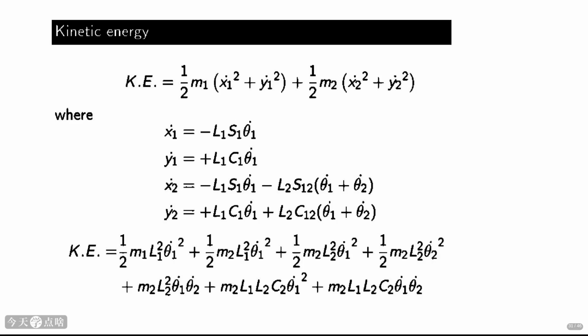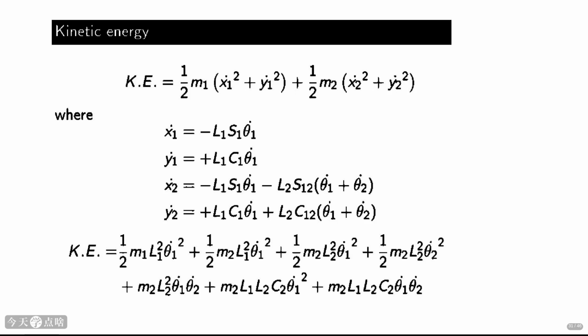Now for the kinetic energy. Since the links are assumed to be rigid, their kinetic energy is purely translational. The total kinetic energy Ke is the sum of the kinetic energies of the two links. Ke equals 1/2 m1 times the square of ẋ1 plus the square of ẏ1, plus 1/2 m2 times the square of ẋ2 plus the square of ẏ2. We need to find the velocities ẋ1, ẏ1, ẋ2, ẏ2 by differentiating the position equations with respect to time.